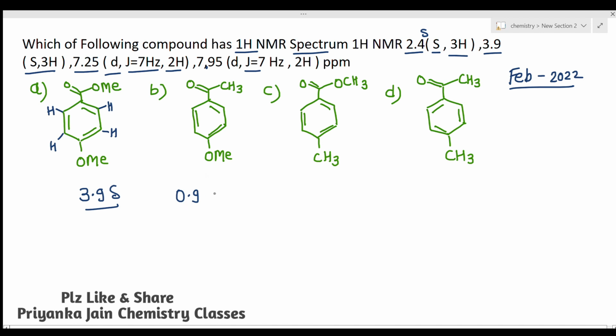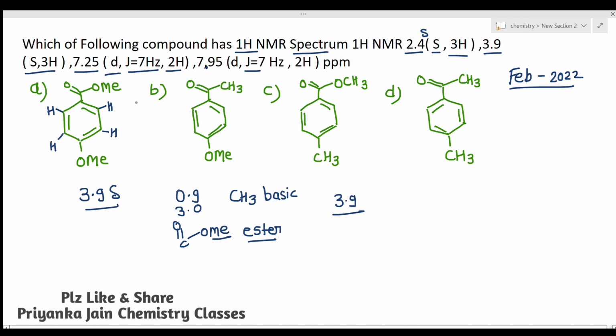So the basic value of CH3 comes at 0.9, and when it is attached to a C double bond O OMe group, it means an ester group, we add an additional value of 3.0. So the total value becomes 3.9.